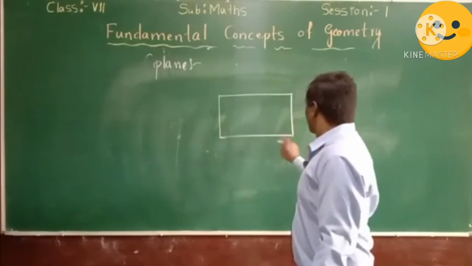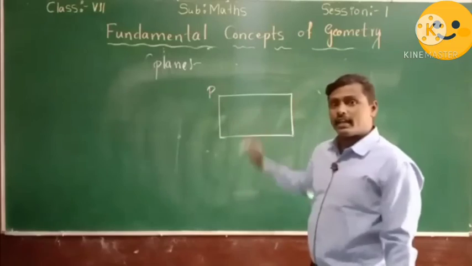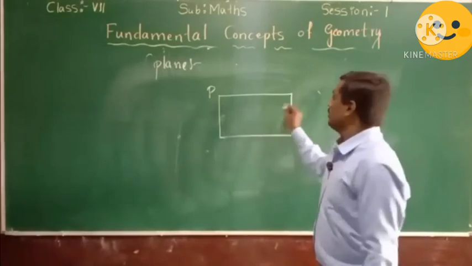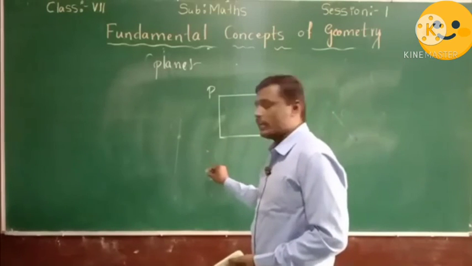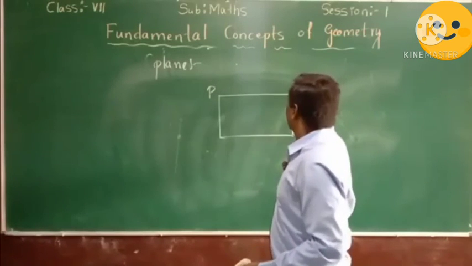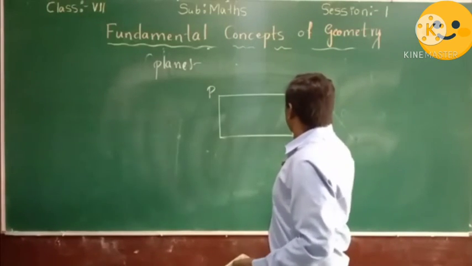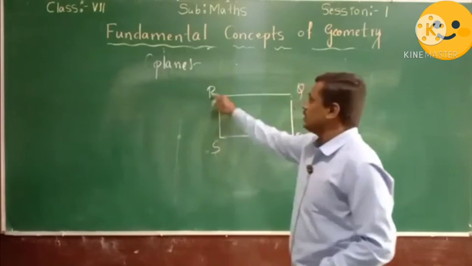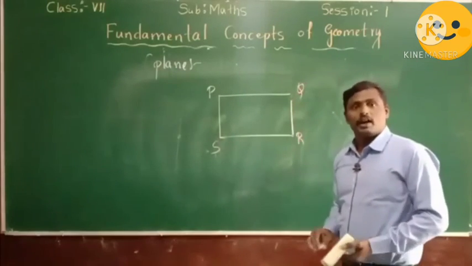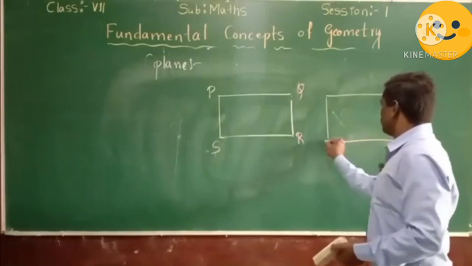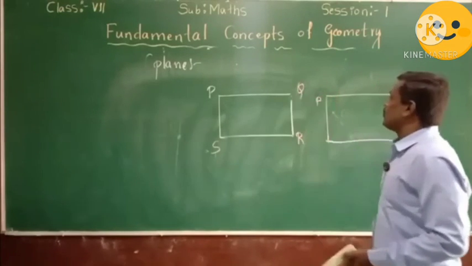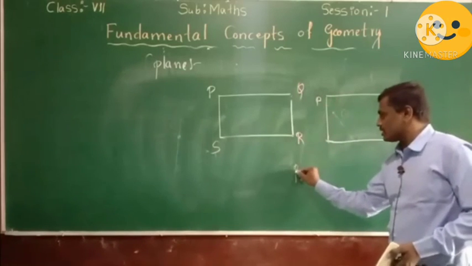PQRS is a rectangle. This is one type of plane. Planes can be represented by alphabetical letters, PQRS. PQRS is a plane, or sometimes it is also denoted by the symbol of a small letter p.